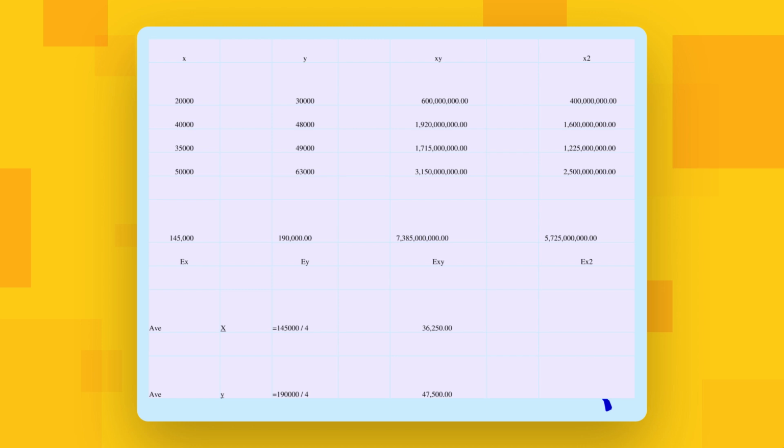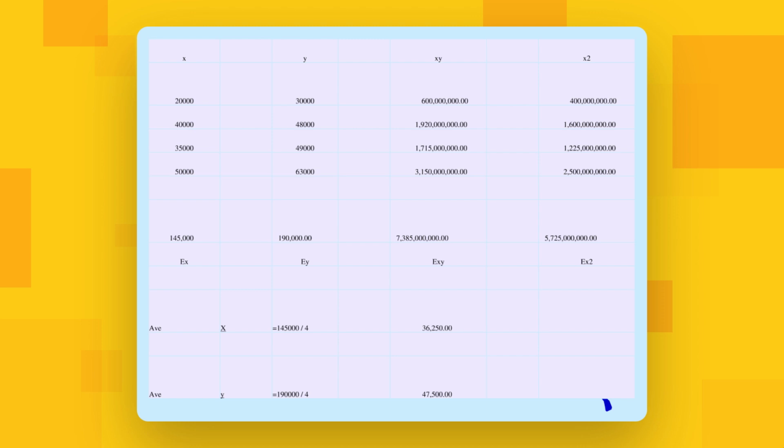That would be 400 million, 1.6 billion, 1.2 billion, and 2.5 billion. Just add all and you have your summation of EX squared, which is 5.7 billion.